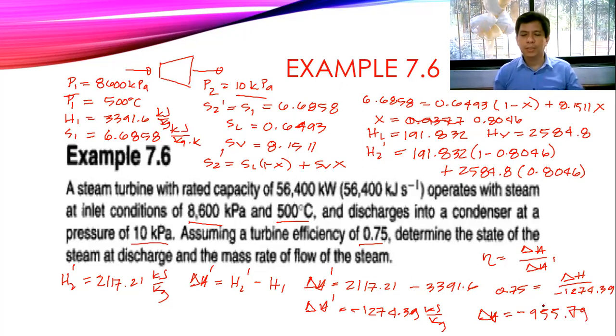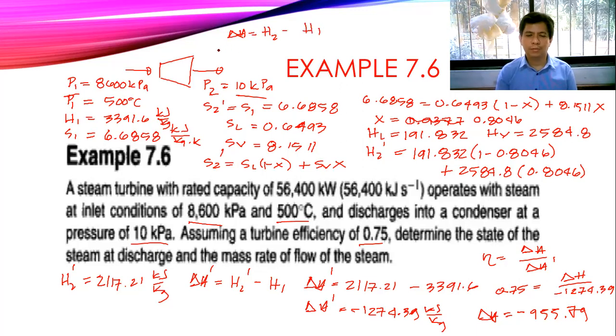Ayan, basically with this delta H, we can now calculate the actual H2, no? So after calculating the actual H2, you can use that to determine the state of the steam discharge, yung quality niya, ano? So, diba, delta H is equals to H2 minus H1.